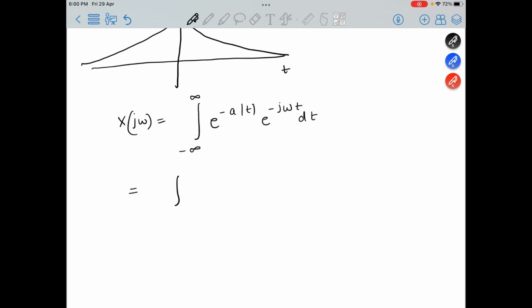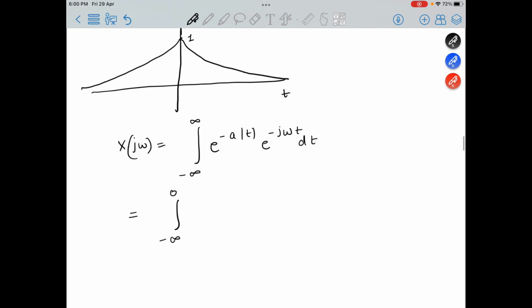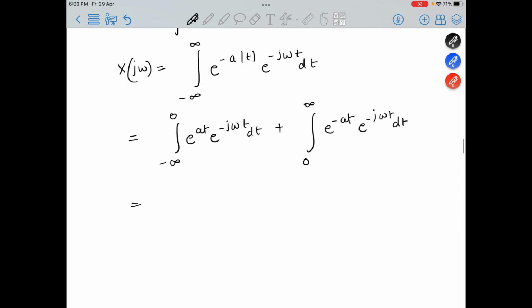One will vary from minus infinity to 0, where the function follows e raised to the power a t, so it will be e raised to the power a t times e raised to the power minus j omega t dt. For the other range, varying from 0 to infinity, it follows e raised to the power minus a t, so we will take e raised to the power minus a t times e raised to the power minus j omega t dt. Then we will solve again in a similar manner.